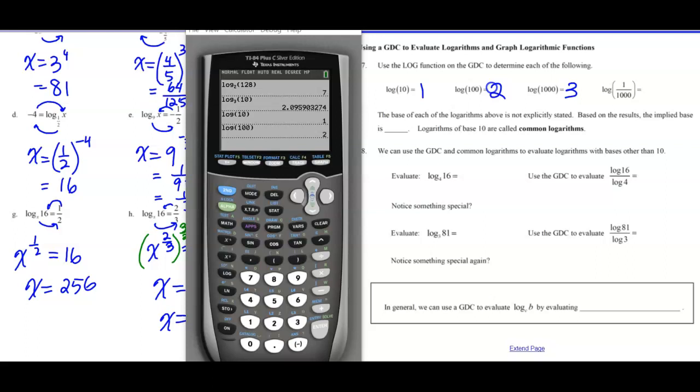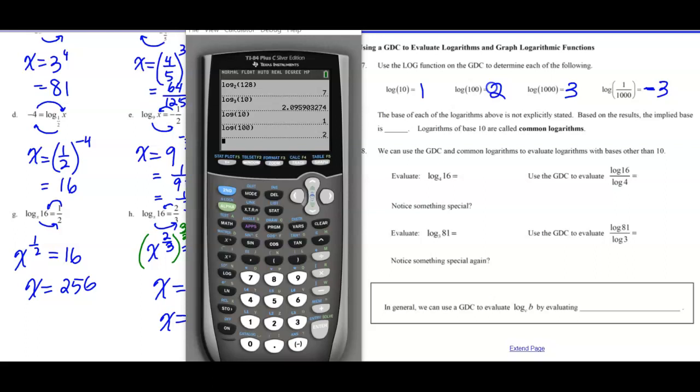So the base is 10. Check it: 10 squared, that's 100. 10 cubed, that's 1,000. And this one is a fraction, so it should be negative 3.